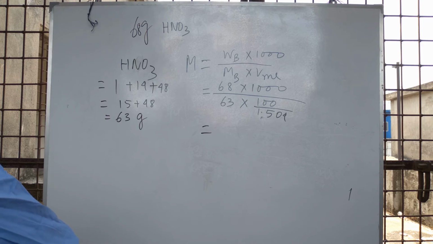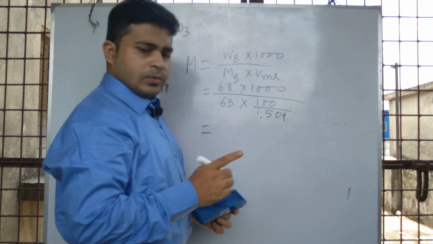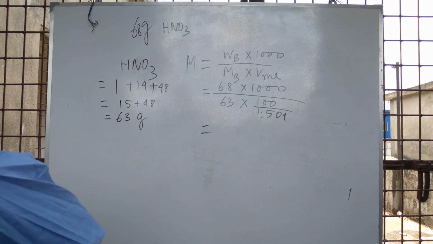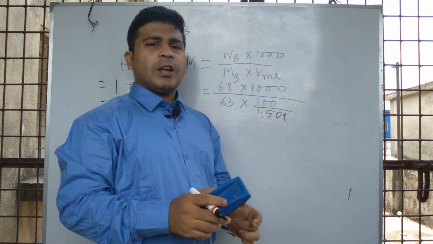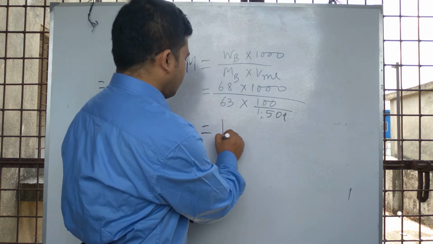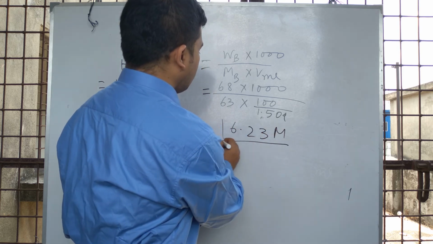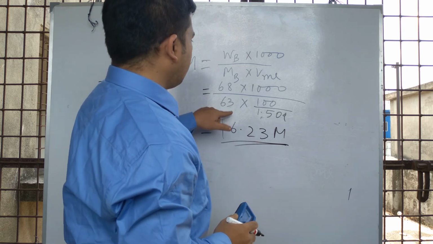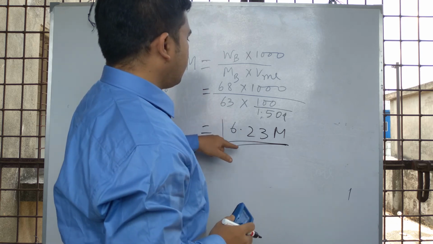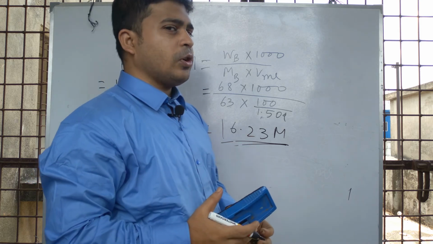After calculating this equation, we are getting 16.23 molar as the molarity of this solution. The answer is 16.23 molar.